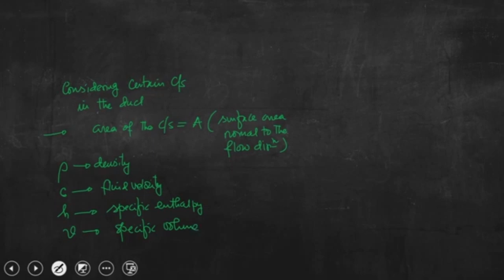And Z is the elevation of that section from the datum, okay. And P is the pressure, right.